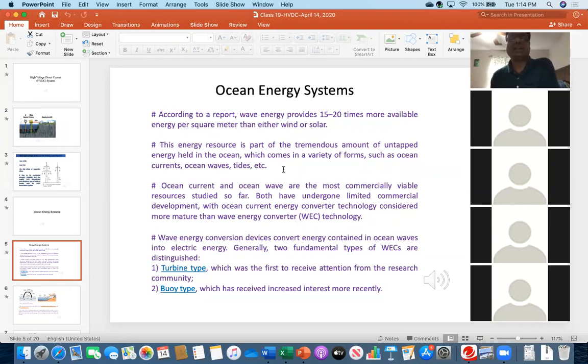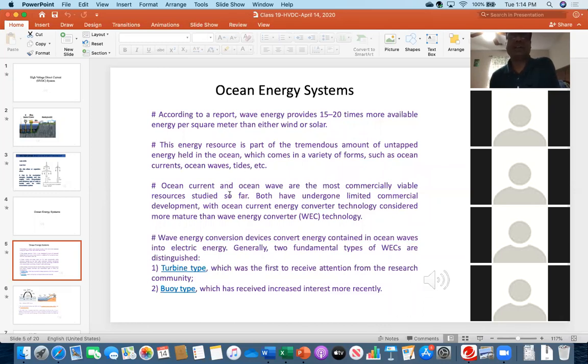And this energy resource is part of the huge amount of untapped energy available in the ocean, which is typically in the form of ocean currents, ocean waves, tides, etc. This means we have to utilize the ocean current, ocean wave, and tide by some technology.